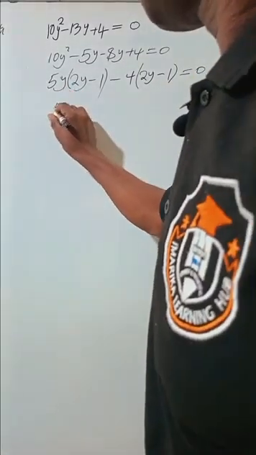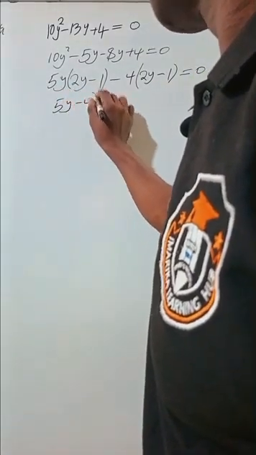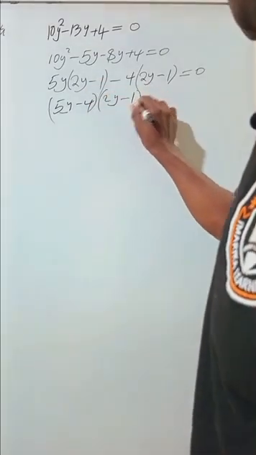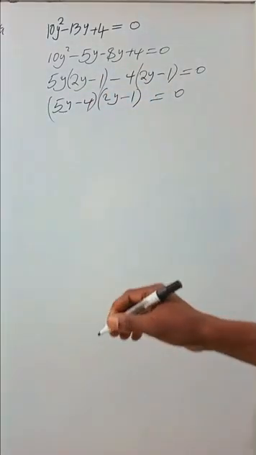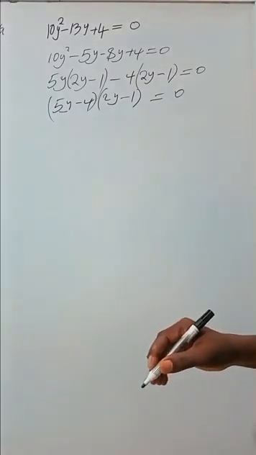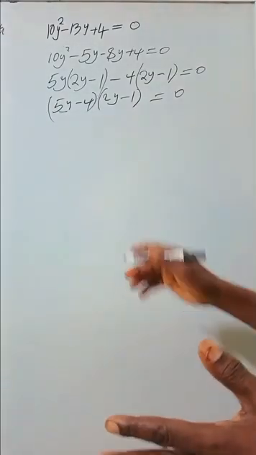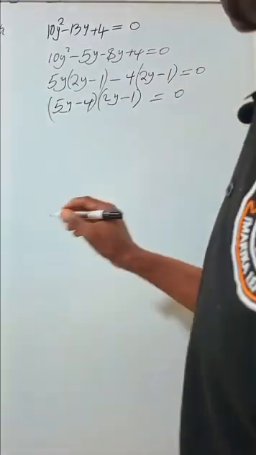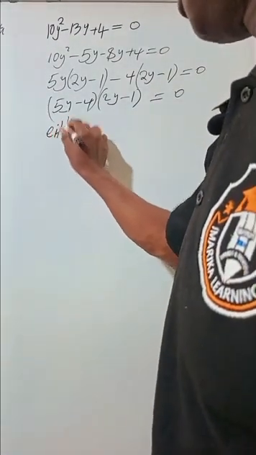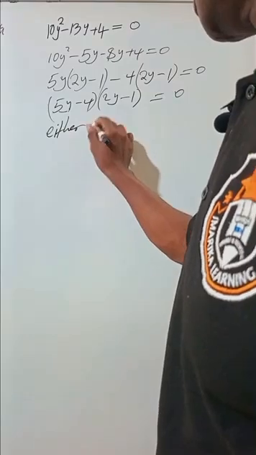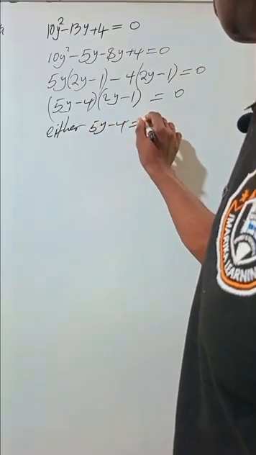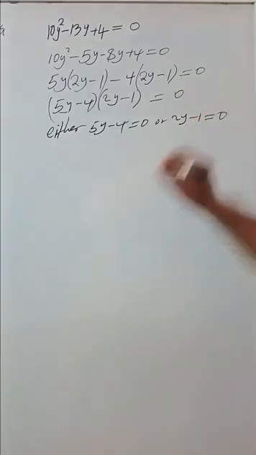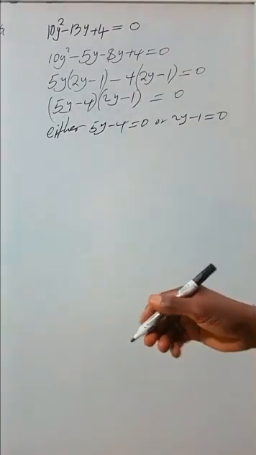So we have the product of two brackets. The first one is 5y minus 4, and the second one is 2y minus 1, equal to 0. If the product of two brackets equals 0, then there are two possibilities: either the first bracket equals 0, or the second equals 0, or both are 0.